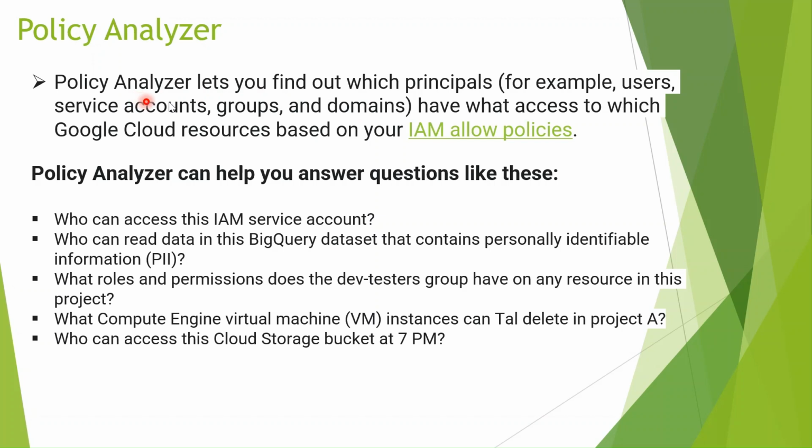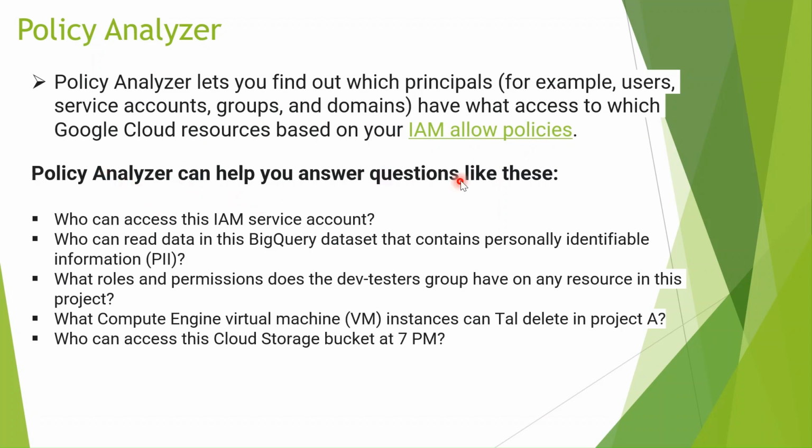With the help of Policy Analyzer, we can check which principals have what access to which Google Cloud resources. Principals can be users, service accounts, groups, or domains. It works only on allow policies. It doesn't work with your deny policies.